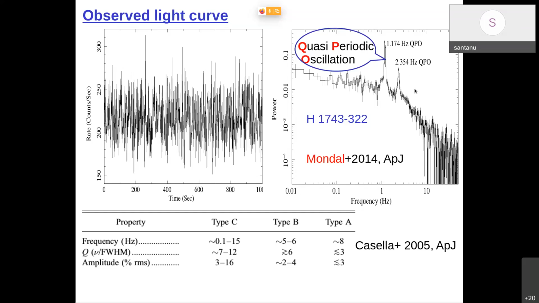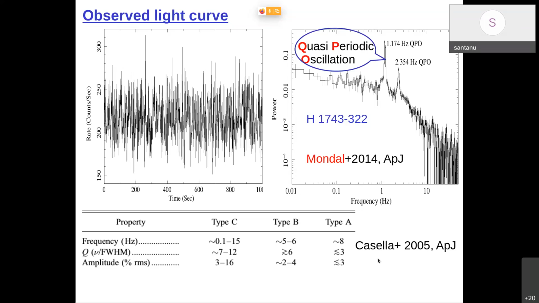So this is basically the harmonic of 1.17, but it is not necessary that we get 1:2 always, or two frequencies always. We can get 2:3 or 1:3, something like that, or even a single frequency. So it depends. Here I showed only one case where this 1:2 frequency is observed.